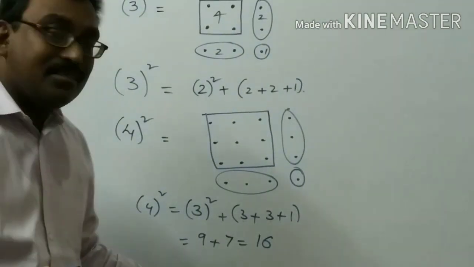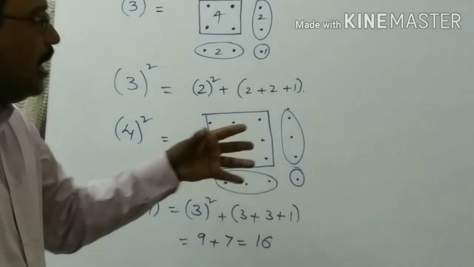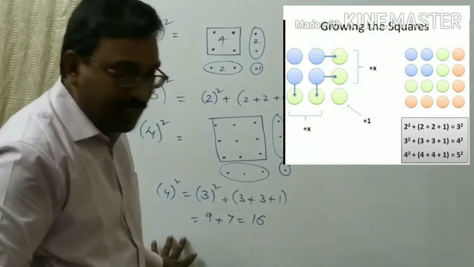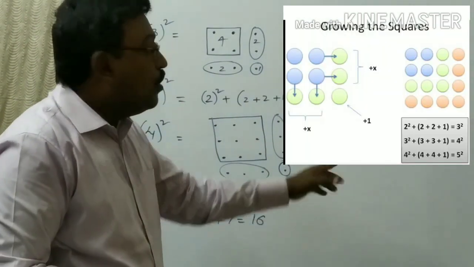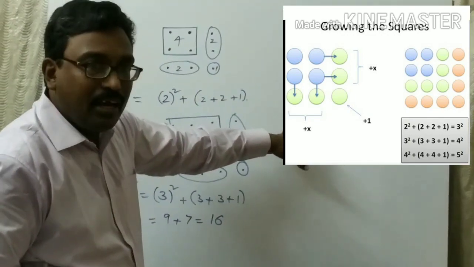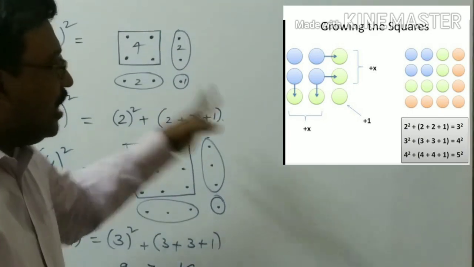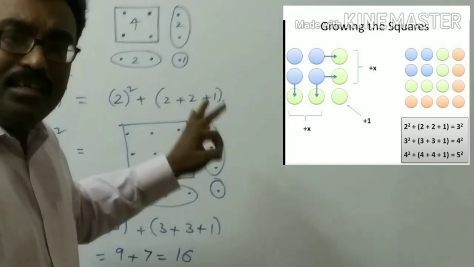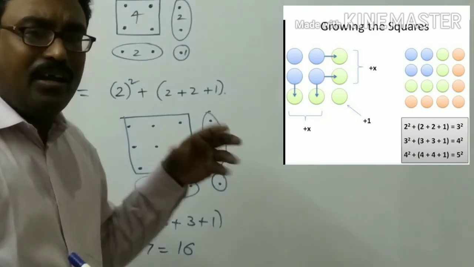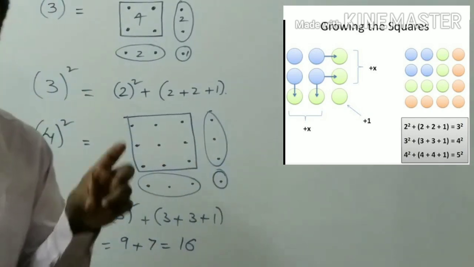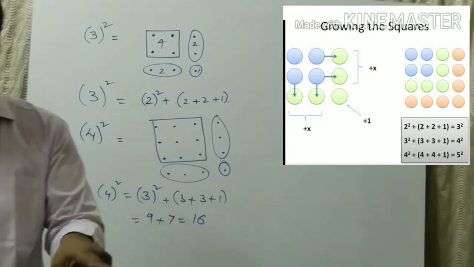So 4 square is 16. Now I name this picture the growing squares. Here we can see a different colored picture. This is just a different angle to see a perfect square.